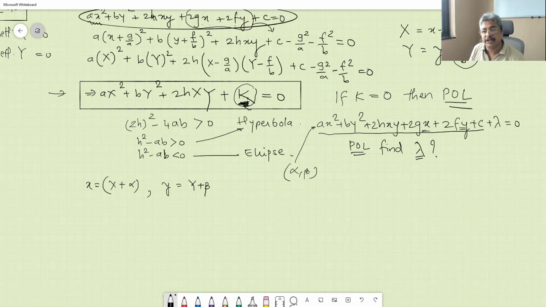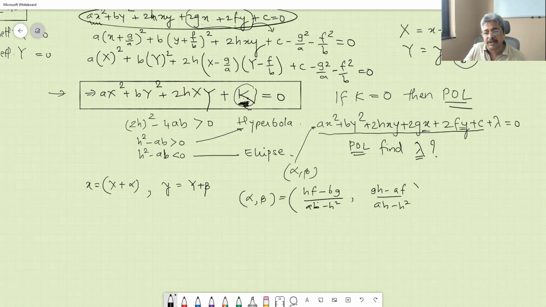You will get two equations with two unknowns and solve them for alpha comma beta. You will eventually get alpha equal to (hf minus bg) upon (ab minus h square), comma (gh minus af) upon (ab minus h square).